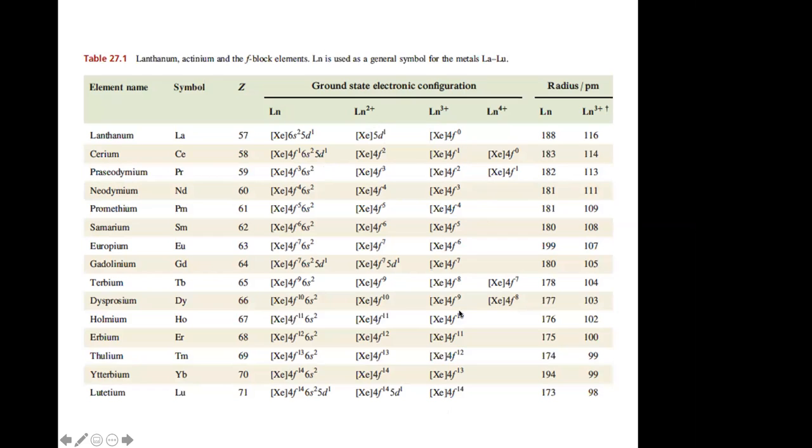So we can have 4f0 all the way through 4f14. And the 3+ oxidation states are by far the most common oxidation states encountered for lanthanides in compounds. And so if you have to guess an oxidation state for a lanthanide, you should always go with 3+.